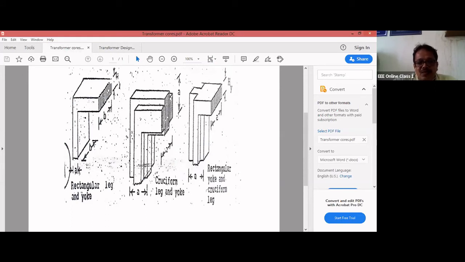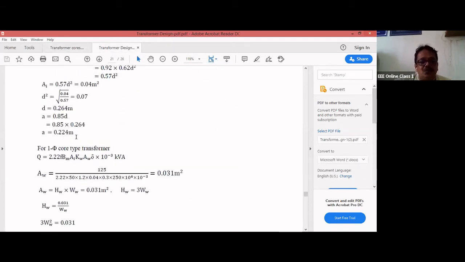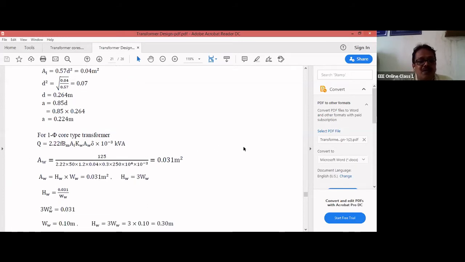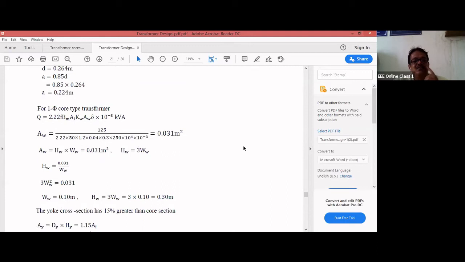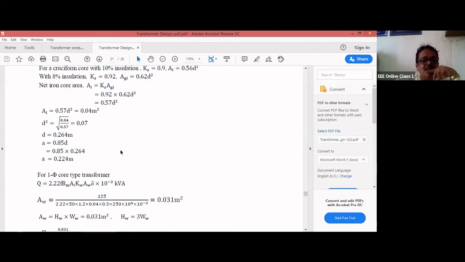The depth of the yoke will be equal to the depth of the core, which will be equal to the width of the largest stamping. Both will be equal to A, which is 0.224. Once you find out the core dimensions, you can find out the other things. So you can consider a single phase core type transformer. Take this equation. Now once you know AI, then you can calculate what?